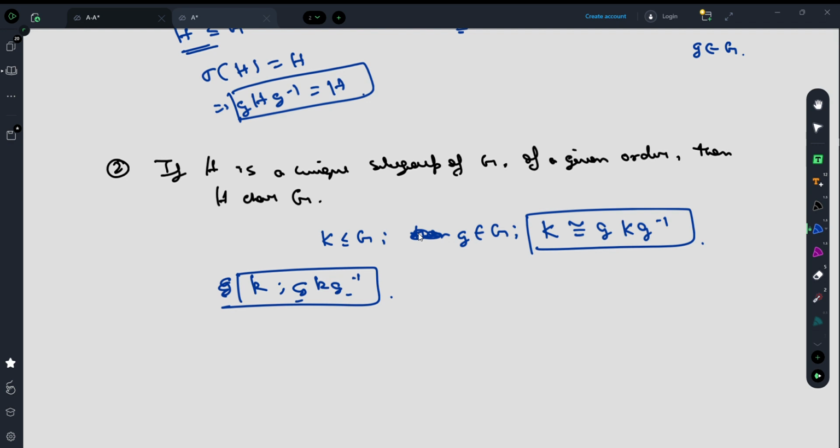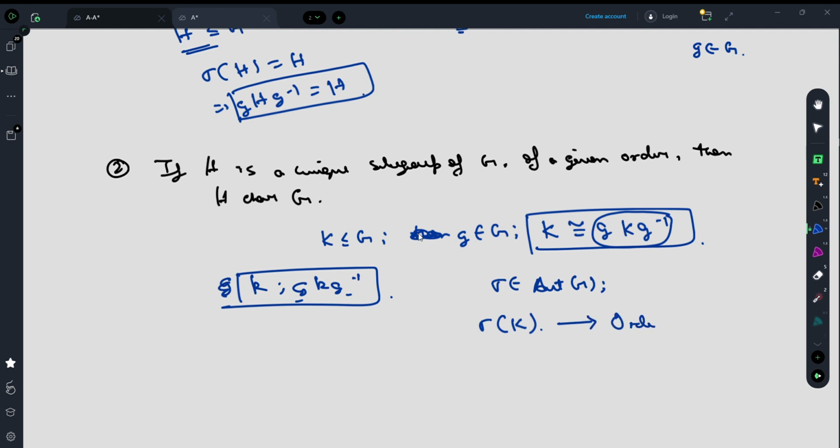So if this is what we have, and H is a unique subgroup of G of a given order, then the orders of K and its image must be the same, right? So if I consider every automorphism on G, suppose sigma is an automorphism of G, then what can we say about sigma of K, where K is a unique subgroup of G of that order?